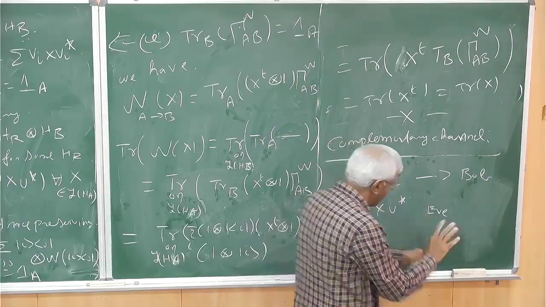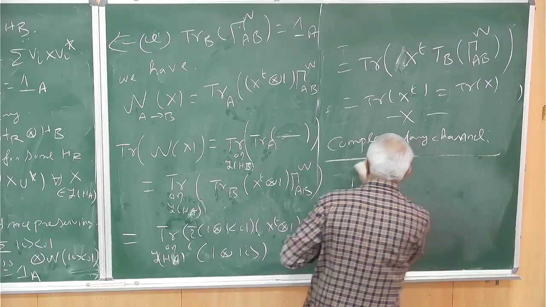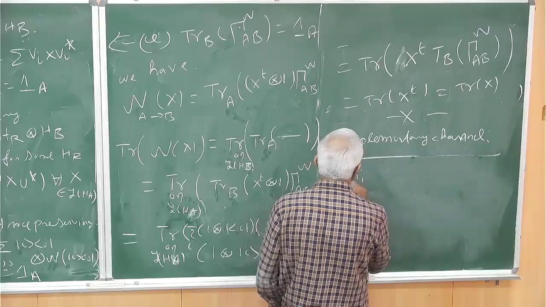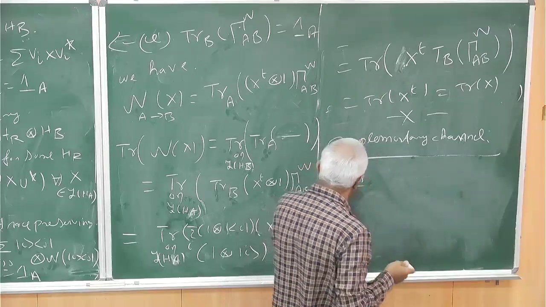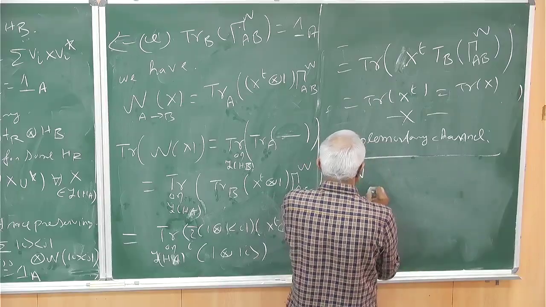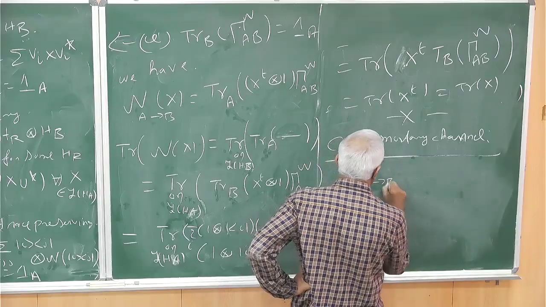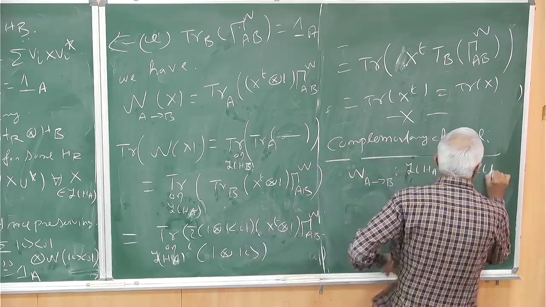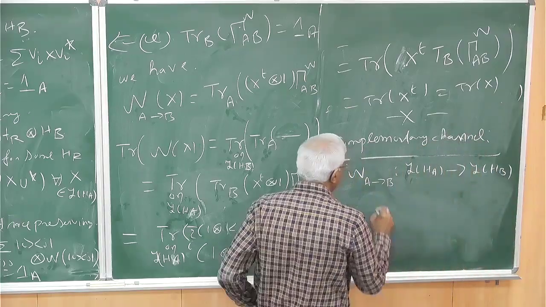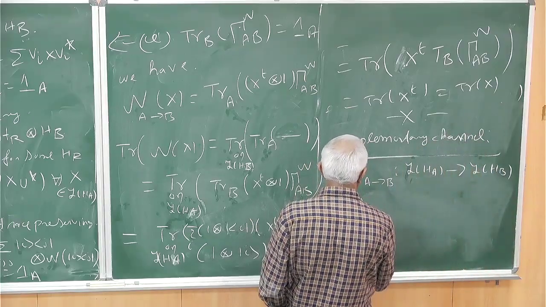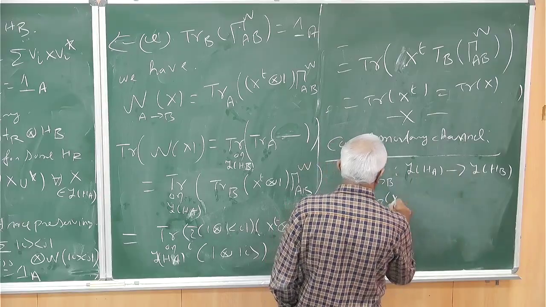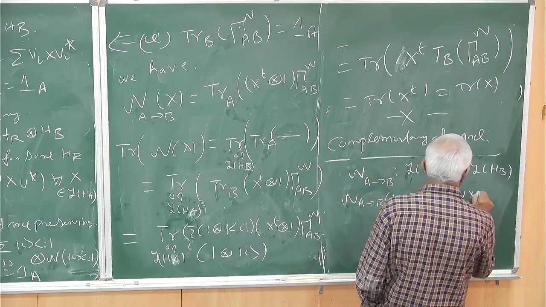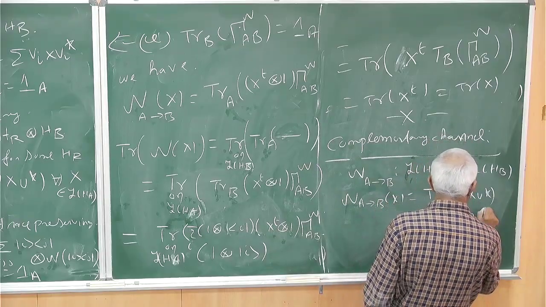Whatever, these are all technical. What we have is the following. This is the definition. Before the definition, I will say this. If you have a completely positive map from A to B, from L of HA to L of HB, then NAB of any X is equal to trace over R of U X U star for some HR.